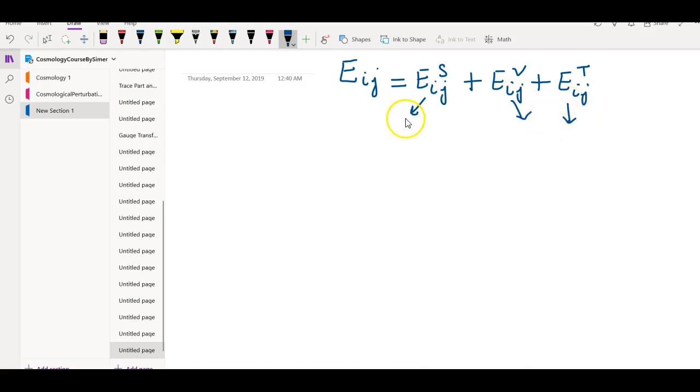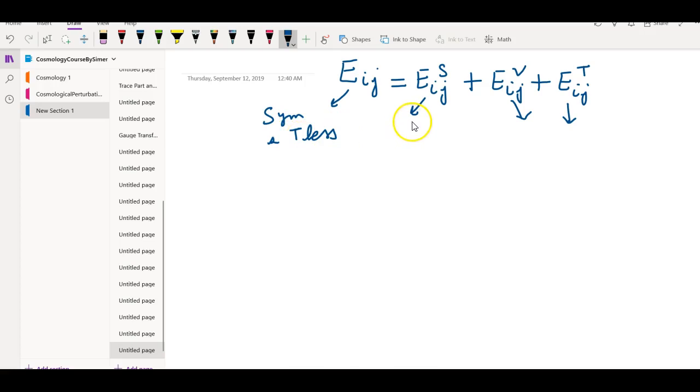Now, think of a scalar. I want to call this scalar E. And what are the conditions here on all these tensors? Note that this tensor is symmetric and traceless.